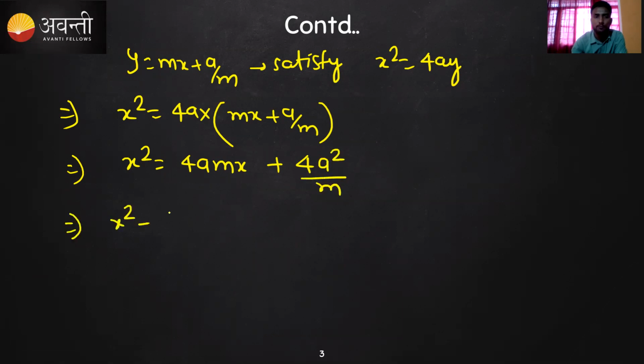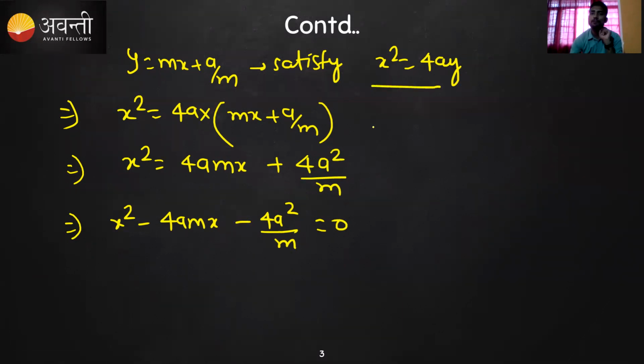So we will simply get a quadratic equation. But we know that this tangent is meeting x square is equal to 4ay at one point, so there will be only one value of x and one value of y.